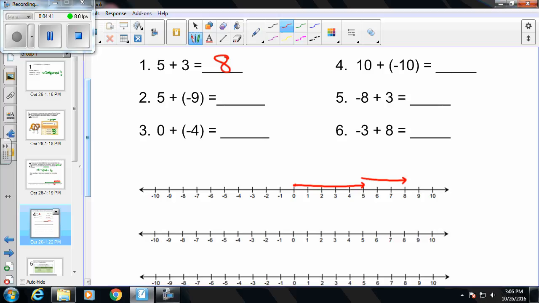Second one, 5. So start at 0. And I go up to 5. And I add negative 9. I mean, we're going backwards 9. So there's 5, 6, 7, 8, 9. Okay? Where did I end up? At -4.